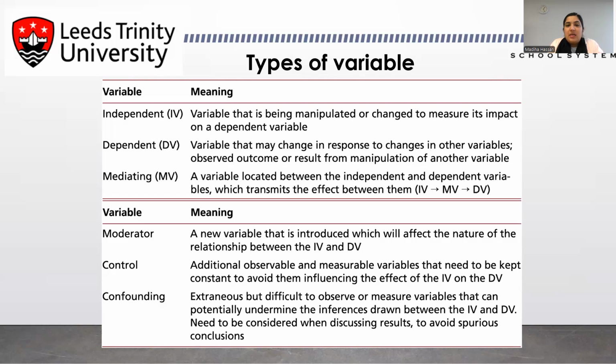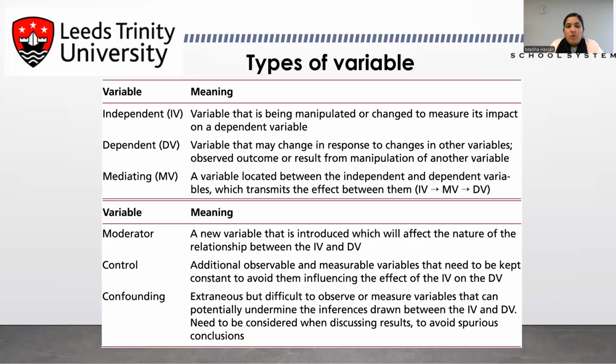An independent variable is being manipulated or changed to measure its impact on the dependent variable. A dependent variable may change in response to changes in other variables. A mediating variable is located between the independent and dependent variable, and transmits the effect between them.